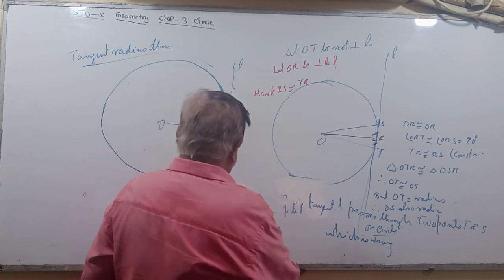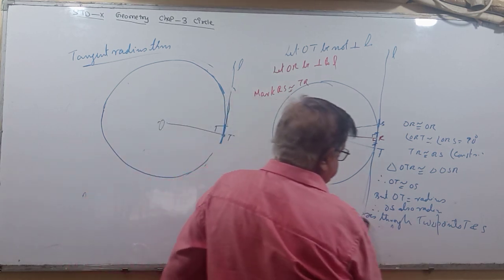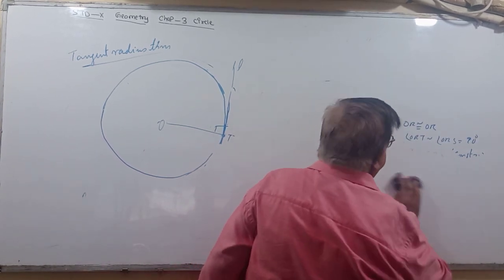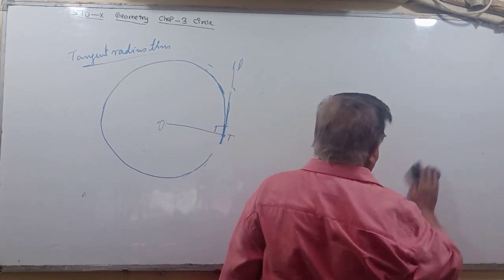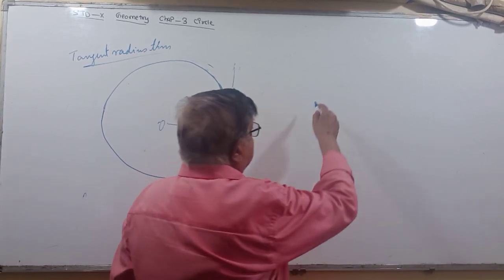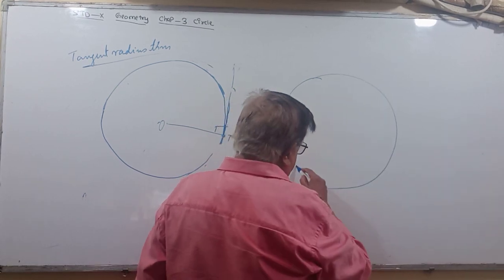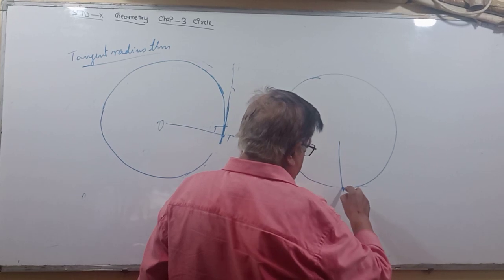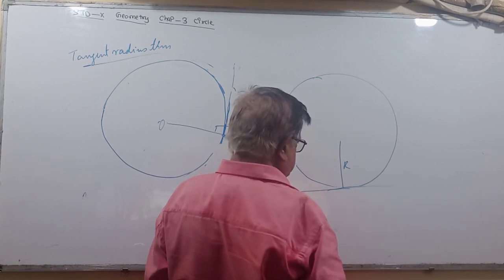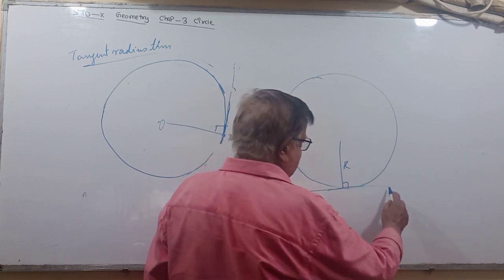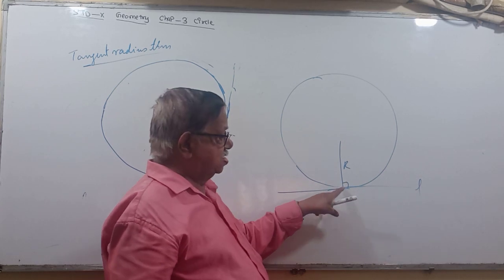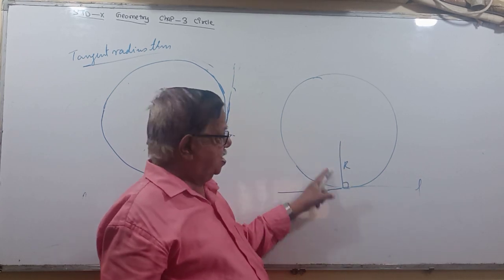Converse of this. The converse is, if there is a circle and a line meets the circle and is perpendicular to the radius, then this line has to be a tangent.